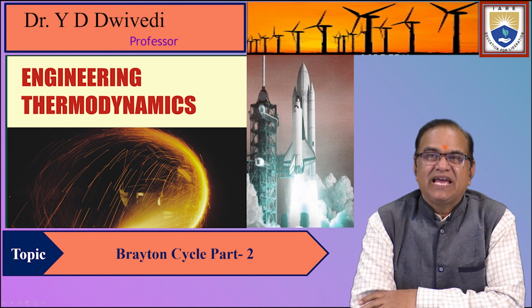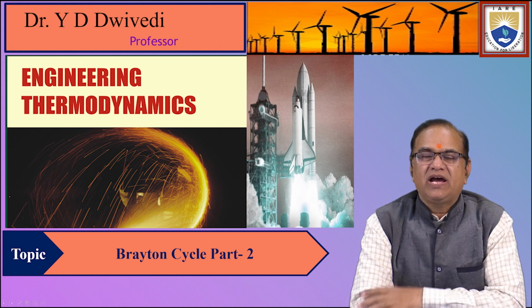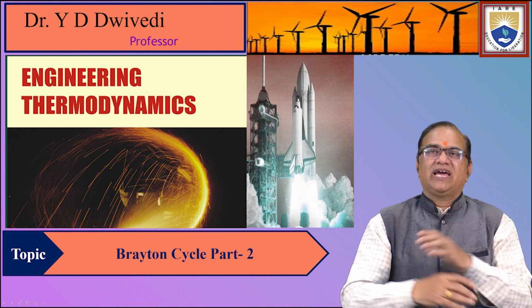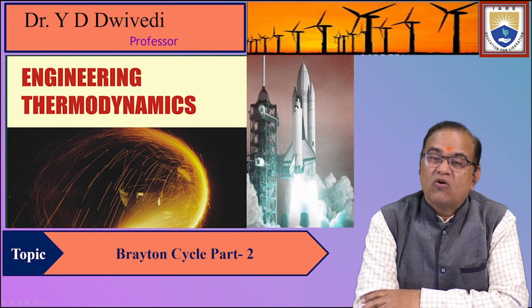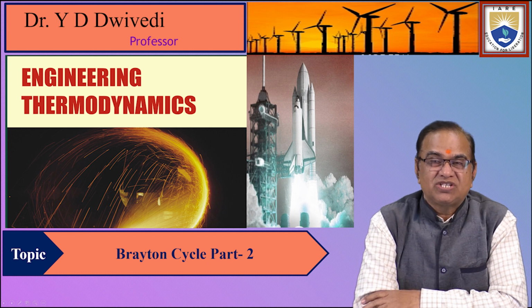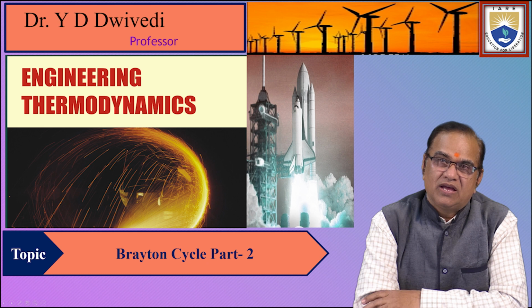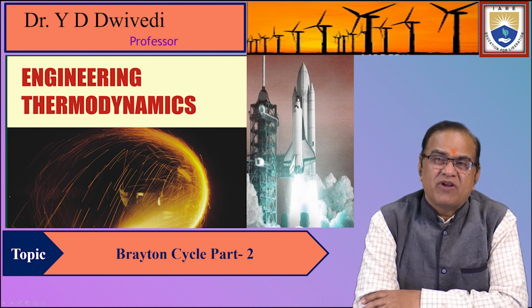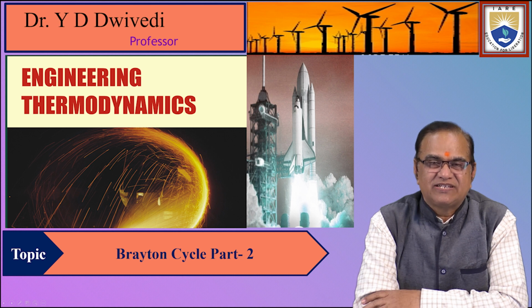In expansion, we get the work done, and in the compression, we have to provide the work. So the net work done is the work produced by the expansion stroke minus the work absorbed by the piston during the compression stroke.